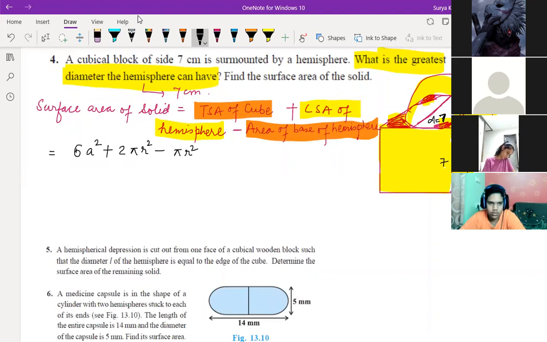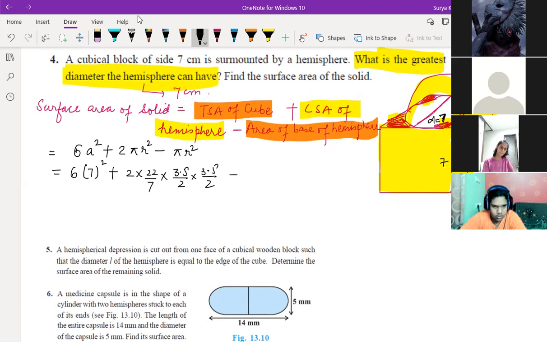Now 6a square is nothing but 6 into a square. What is a over here? 7 square plus 2 into 22 by 7 into radius. What is the radius? 3.5.